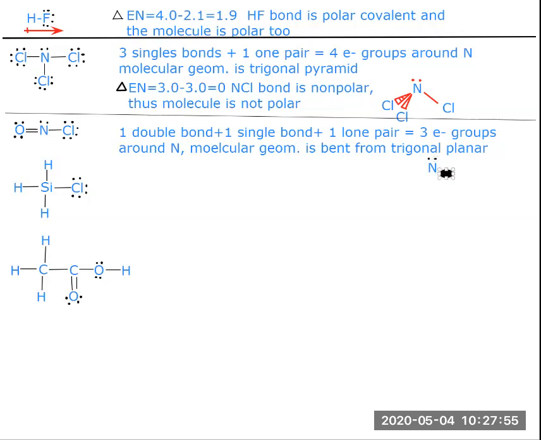So I'll do a straight line going down, one straight line here for chlorine, and I'll do the double bond going this way towards the oxygen. The other one will be chlorine.